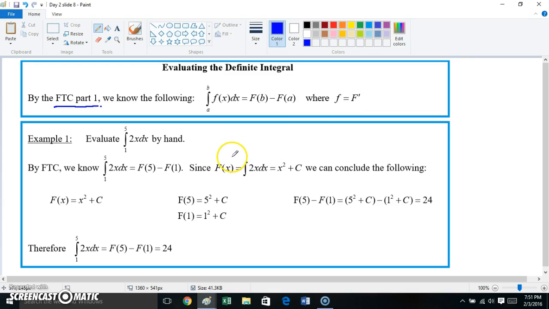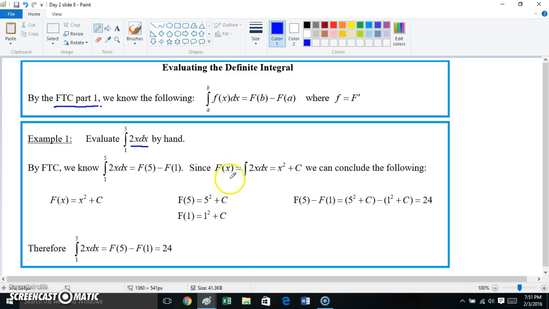So here we have the integral from 1 to 5 of 2x dx. By the fundamental theorem of calculus, we know that that integral should be equal to F of 5 minus F of 1. So we need to find F of x, the antiderivative.